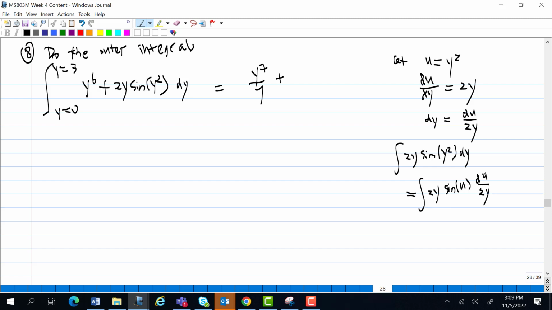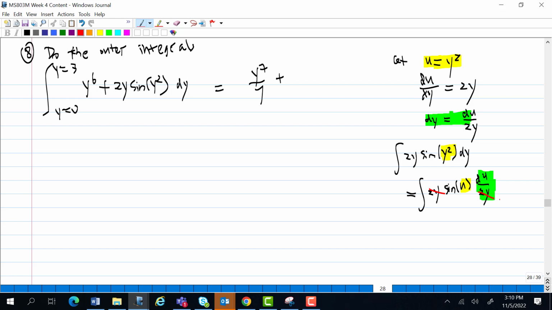Because y squared equals u here, and dy is du over 2y, the 2y and 2y cancel.